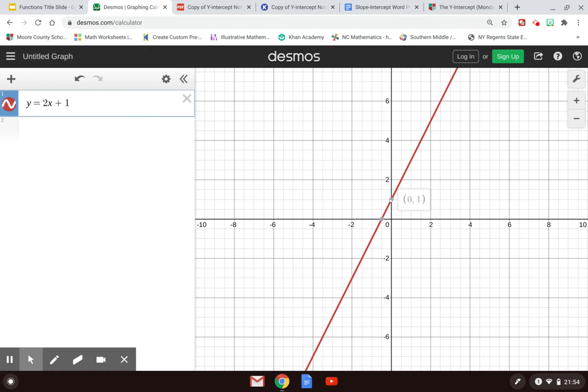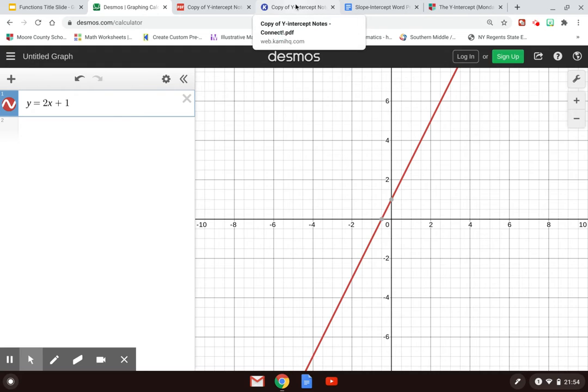And right here at the point 0, 1, this is where your line crosses the y-axis. So that's why it's referred to as the y-intercept. So just like you hear in football about a quarterback throwing an interception, that's because another player crosses the plane of the ball. It's very similar to the y-intercept. It's where the line crosses your y-axis.